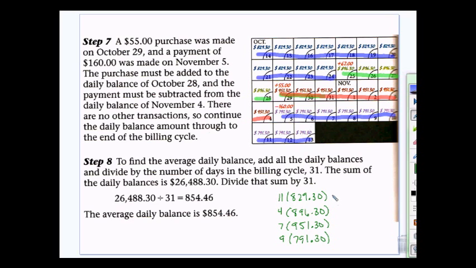Then you multiply these and you add them all up.